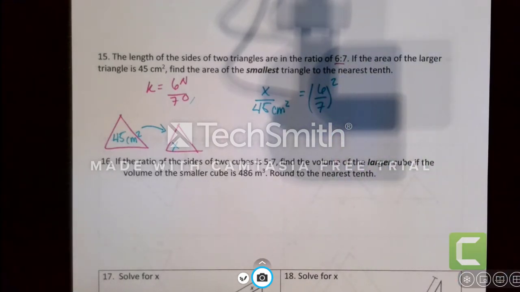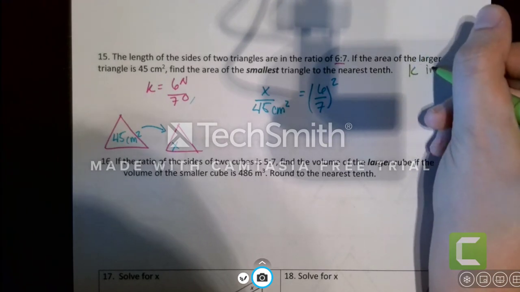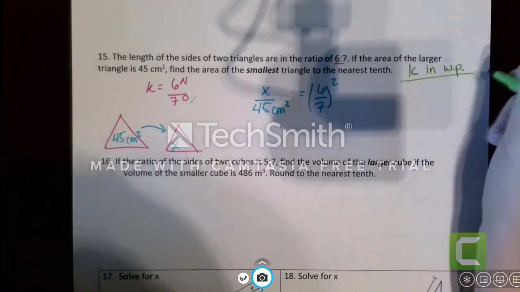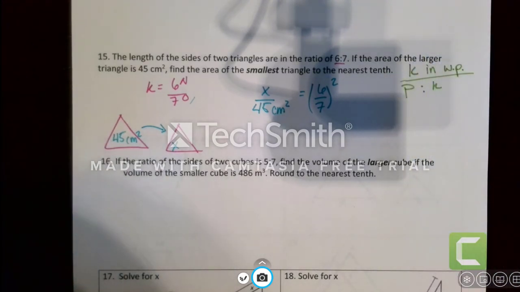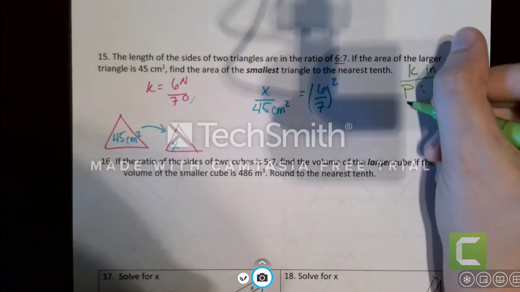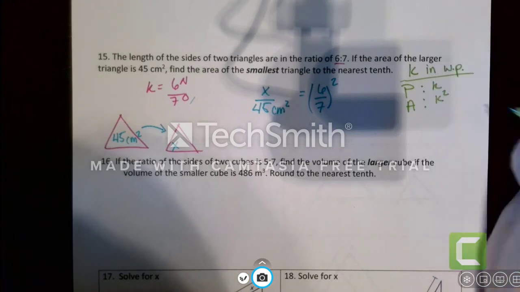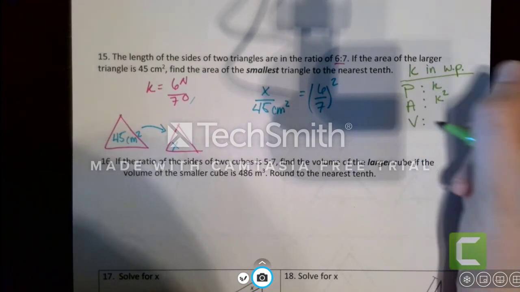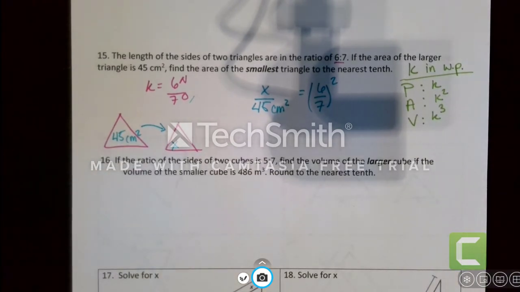Make a note to yourself on the side about scale factors in word problems. For perimeter, your scale factor stays the same. For area, you have to square your scale factor. For volume, you must cube that scale factor.